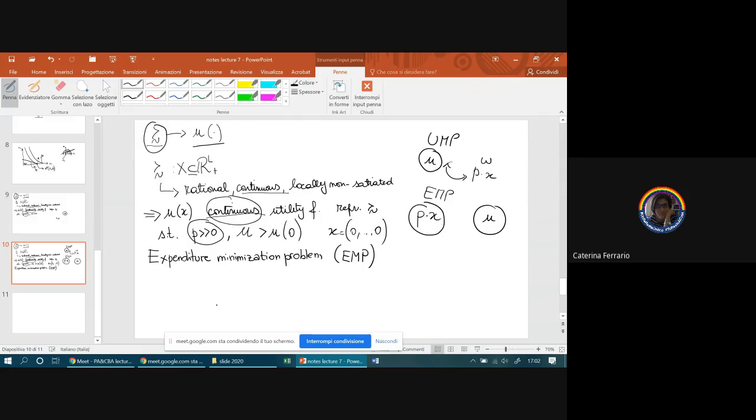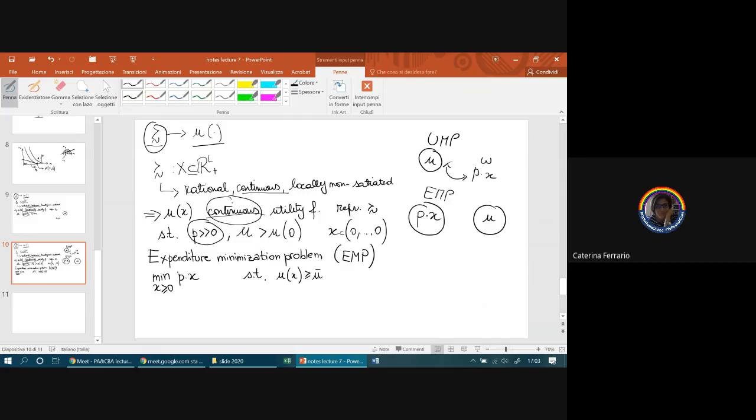What can we say about this expenditure minimization problem? We can write it as a minimum of our total expenditure, which is P times X. So we have to find a vector X, a consumption bundle X positive, obviously, so we don't want the trivial case, that minimizes total expenditure subject to the fact that the utility is greater or equal than a given level of utility.